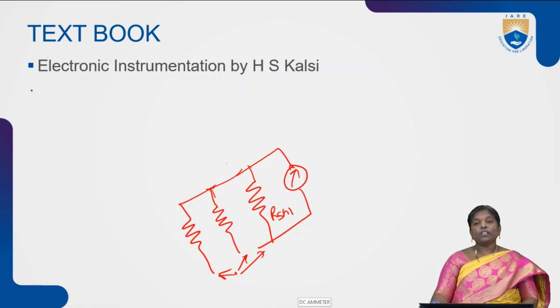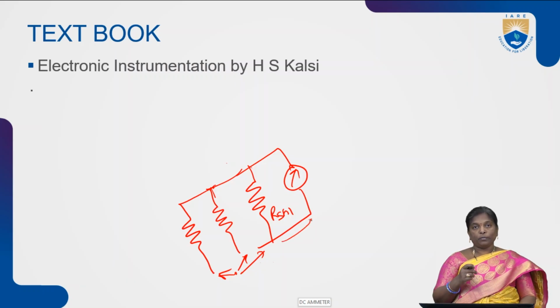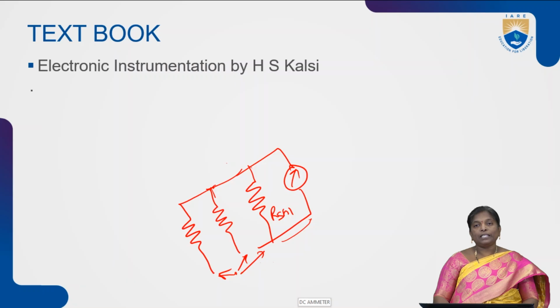At the same time, the particular resistance is in parallel with the meter movement. This is the construction of a multi-range ammeter. With the help of a multi-range ammeter, we can measure different current readings.